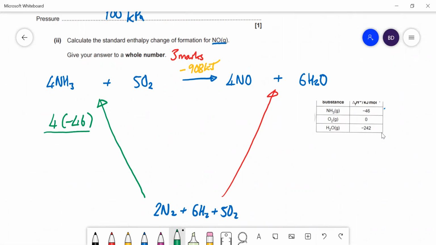So let's add that lot up together. 4 times minus 46 is minus 184. On the red arrow, we're forming 4 moles of NO. Now that's what we've got to find out, so let's call that X. So it's going to be 4X.